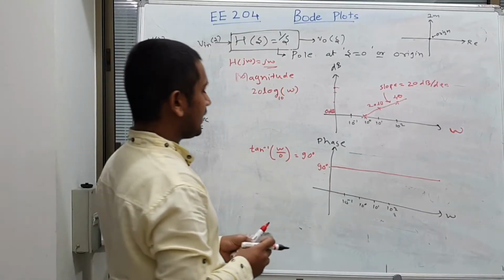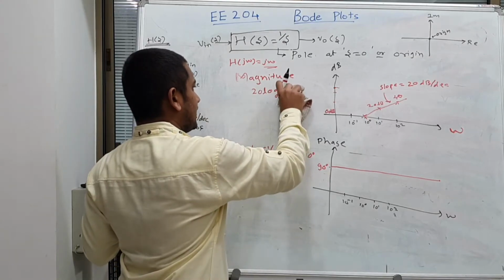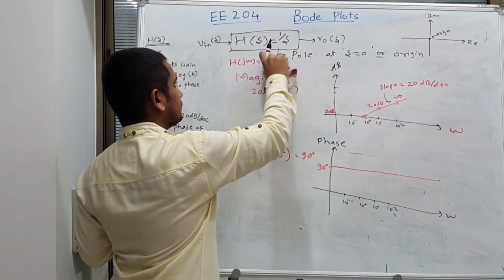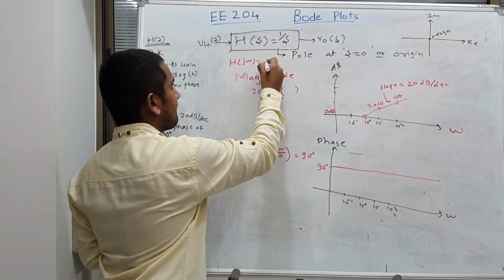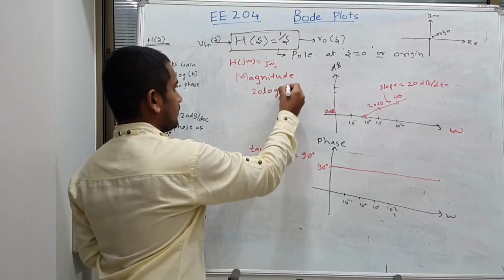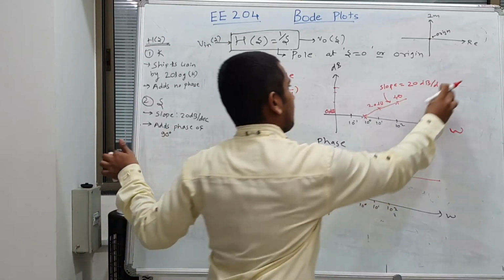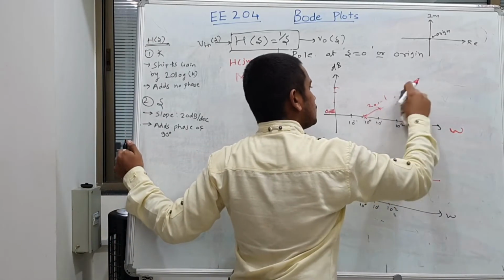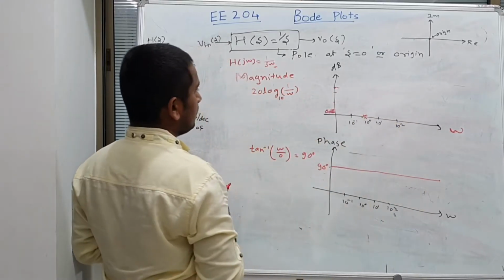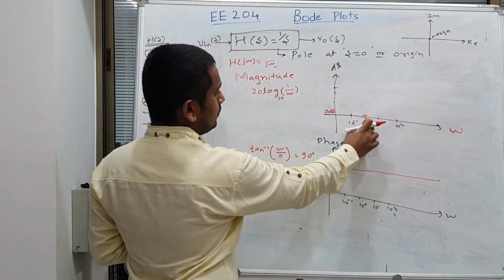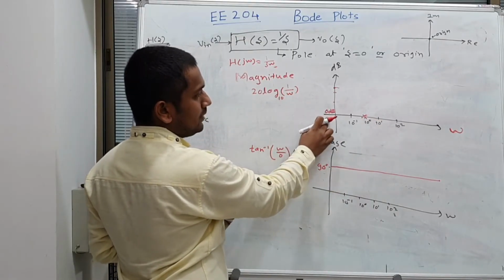Now let's look at the magnitude plot. The 20 log operation on h of j omega being 1 by j omega will be minus 20 log of omega. Now look at what happens to the magnitude plot. When we substitute 10 to the power 0, it is 1. 20 log of 1 is 0 dB.